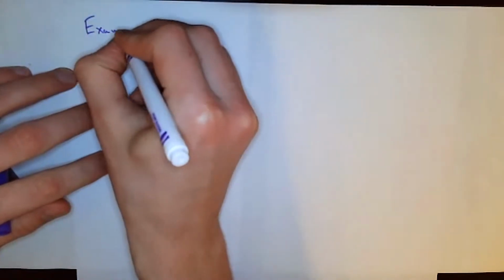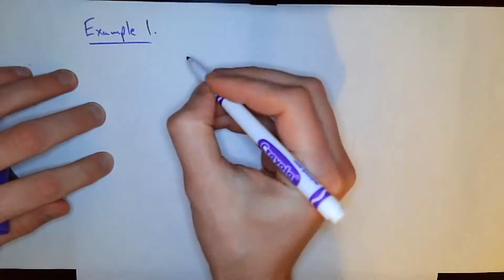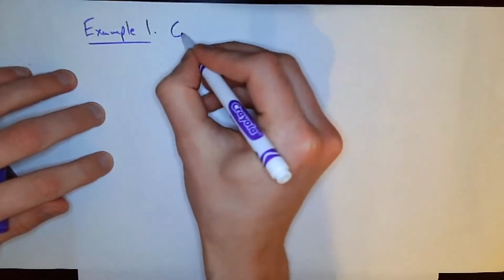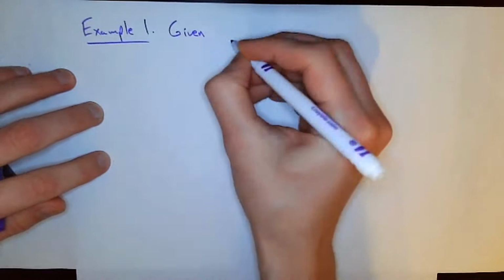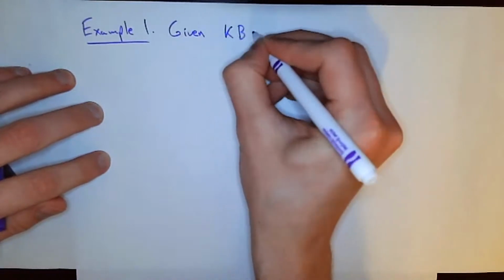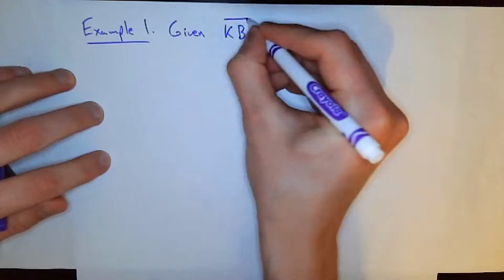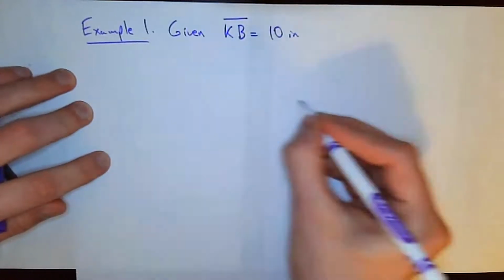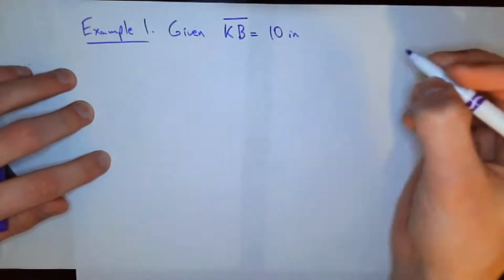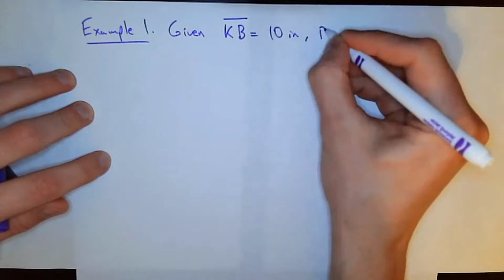All right, let's do an example. It's just a little softball example here. With a line segment, given that KB is equal to 10 inches, so this is KB. By the way, I'm going to be drawing a line segment down here, so you'll see what KB is.